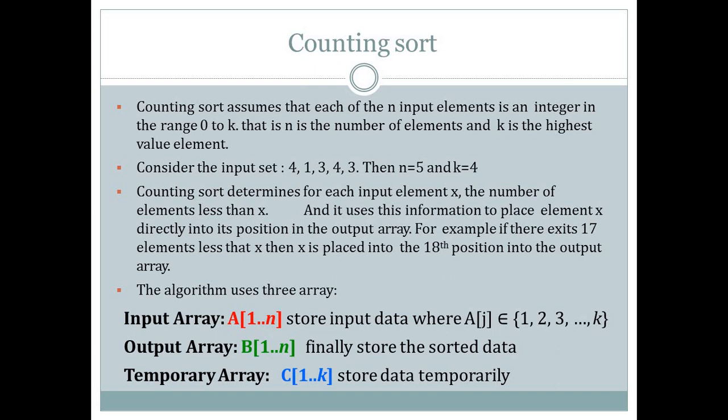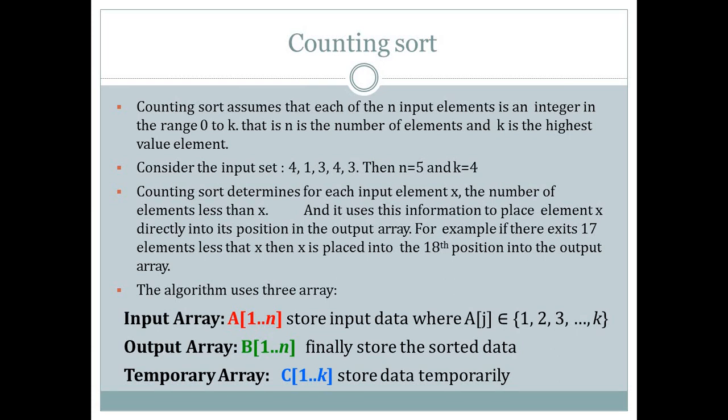Counting sort assumes that each input element is an integer in the range of 0 to k. Here we have a condition that all numbers must be zero or positive. So our number range will be 0 to k, where 0 means the minimum number and k means the maximum number of our series.